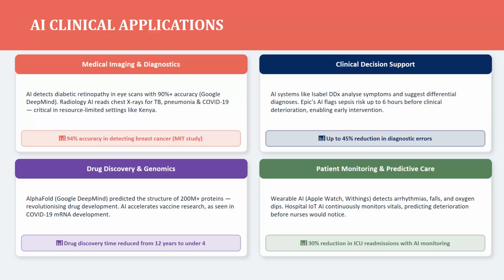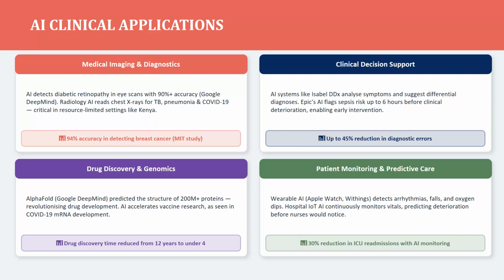These tools are very critical in resource-limited settings, like in Kenya. Then we also have some used for detecting breast cancer, like the MIT study, which looked at a few that are being used to detect breast cancer.